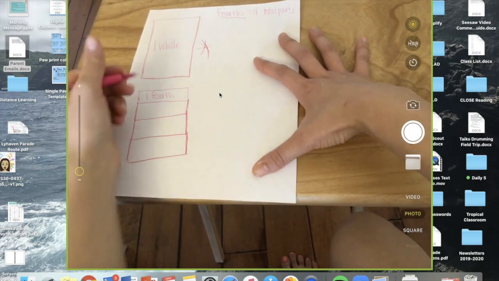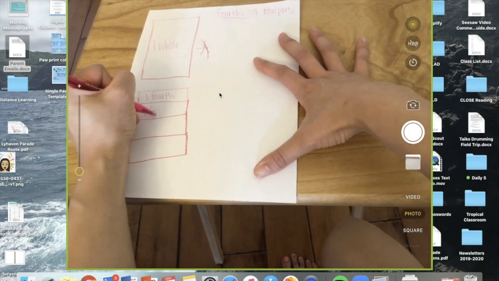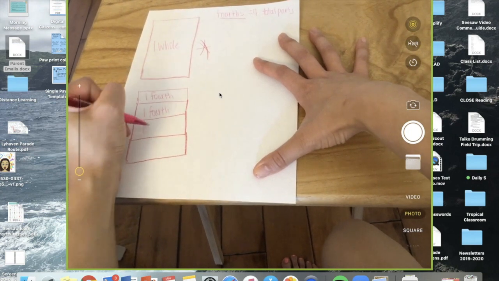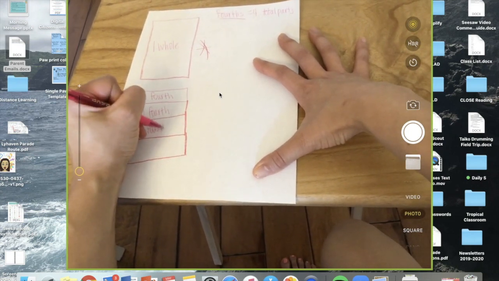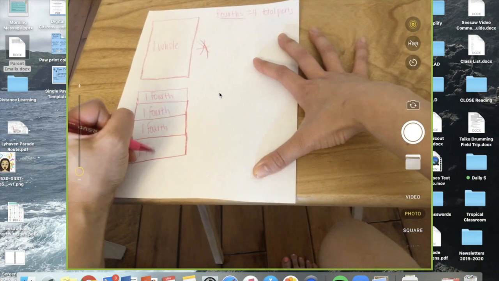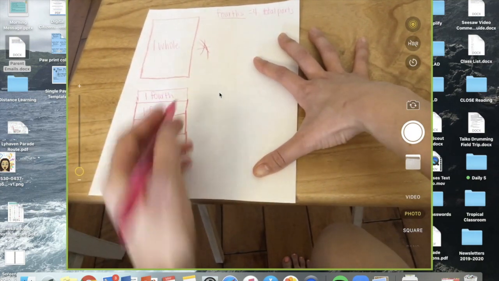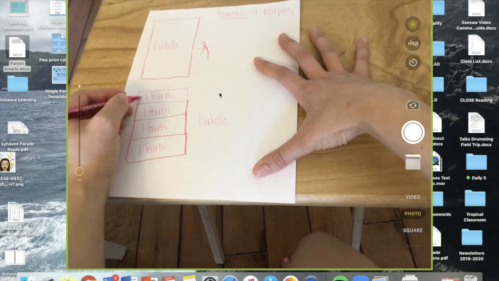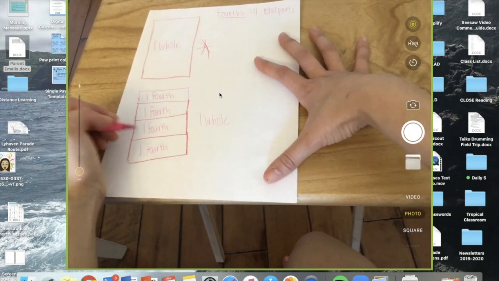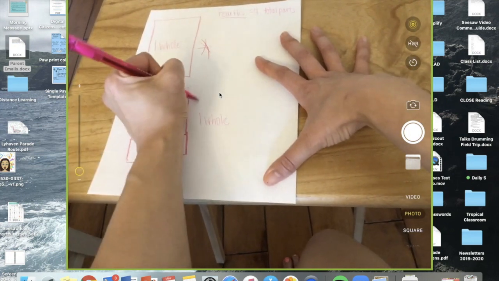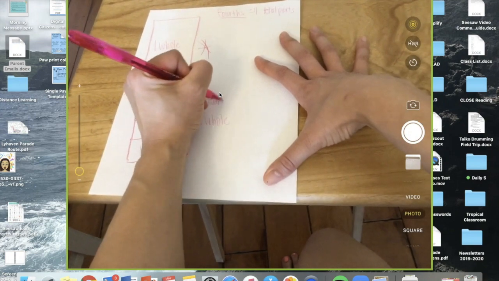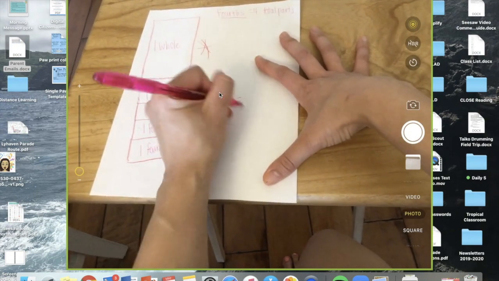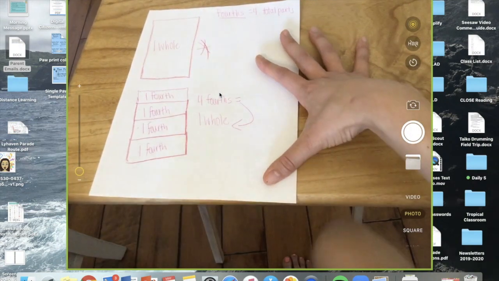So this would be 1/4 plus 1/4 plus 1/4 plus 1/4. And then this should equal 1 whole, because I have 1/4, 2/4, 3/4, and 4/4. And 4/4 is the same as 1 whole, okay?